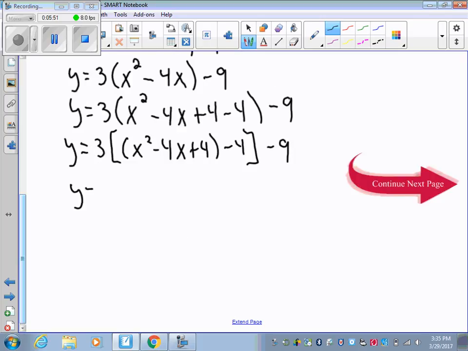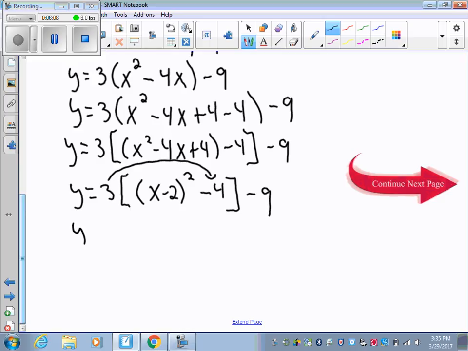Next, you'll get your perfect square binomial, which is x minus 2 squared. Don't forget, you still have the -4. Now you will use the distributive property. Three times -4 is -12. And final step, simplify.